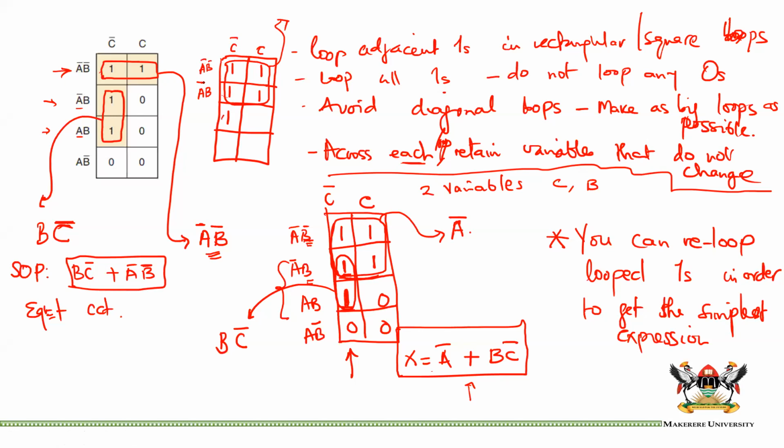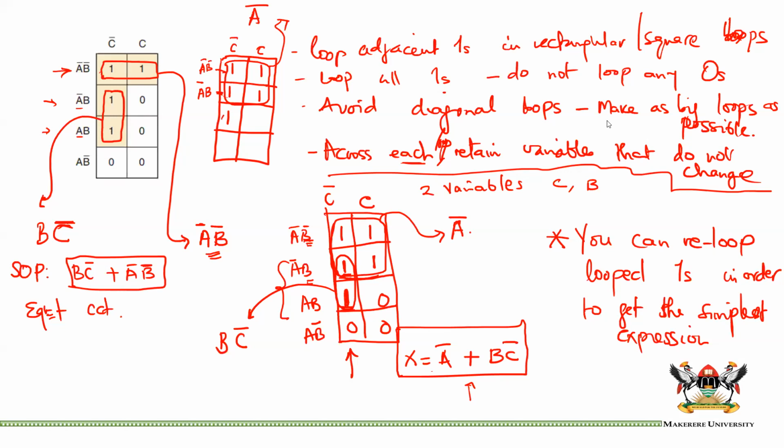On this side, we have this row and that row. In this row, we can see that B changes from B inverse to B, but A remains constant. So that means our expression A inverse resolves into A inverse, right? So that is how we ended up with A inverse.